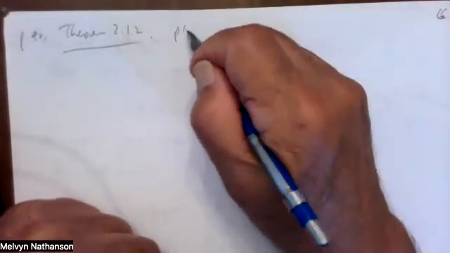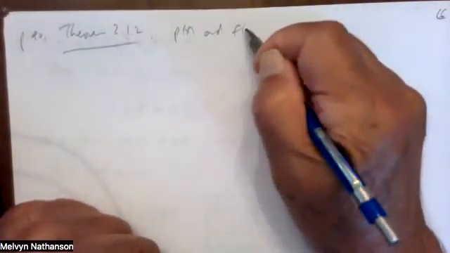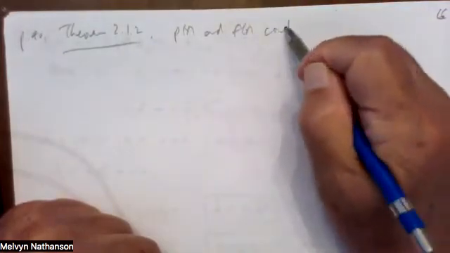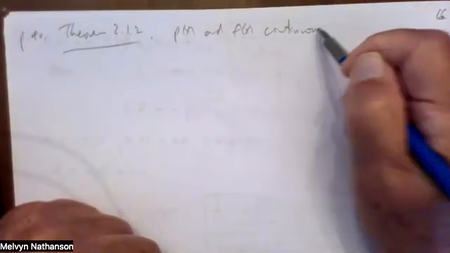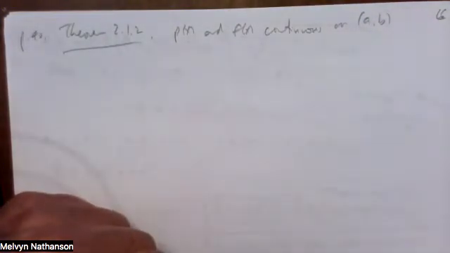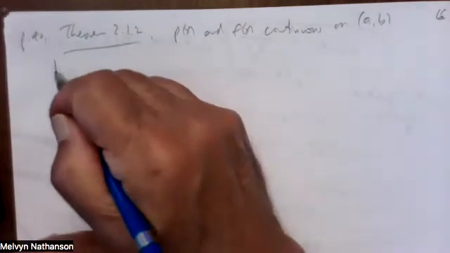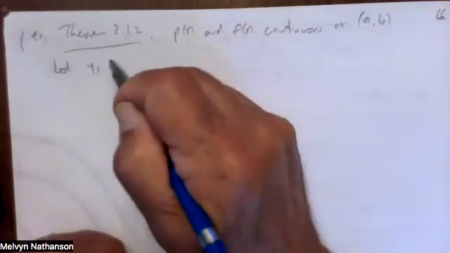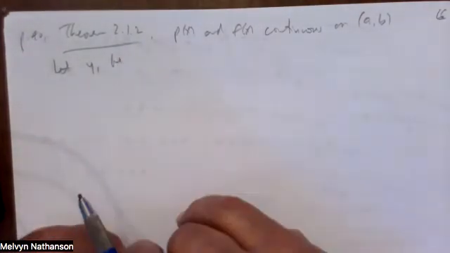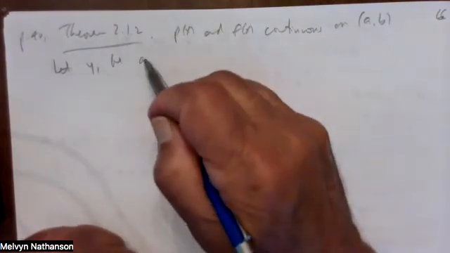So we have functions p of x and f of x, continuous on an open interval from a to b. Let y1 be any non-trivial solution.